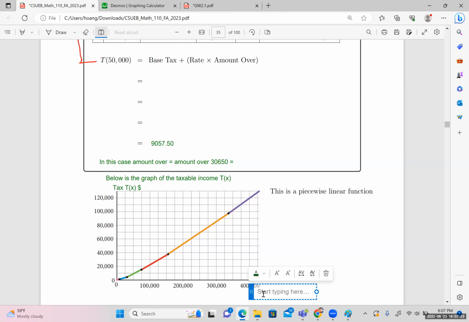For the horizontal axis, it could be X, the income you made in dollars.